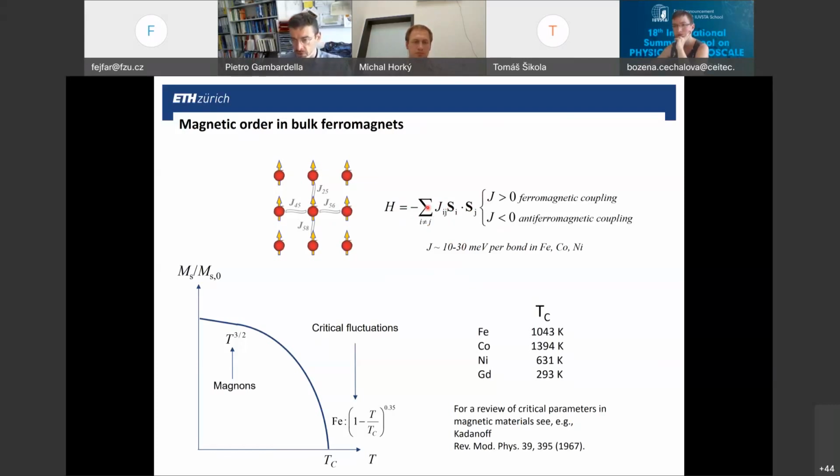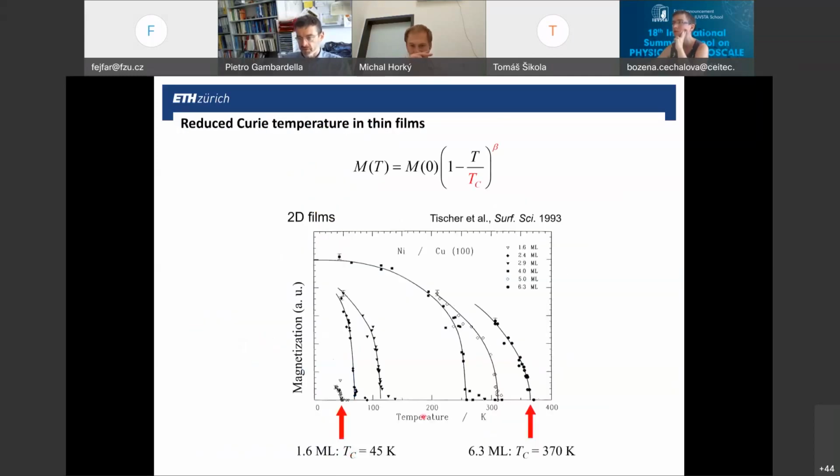will also decrease. Okay. And so we expect that this typical magnetization versus temperature curve that expresses the formation of magnetic order at low temperature and the disappearance of magnetic order above the Curie temperature will be affected by the dimensionality of the system. This is in fact the case in thin films.